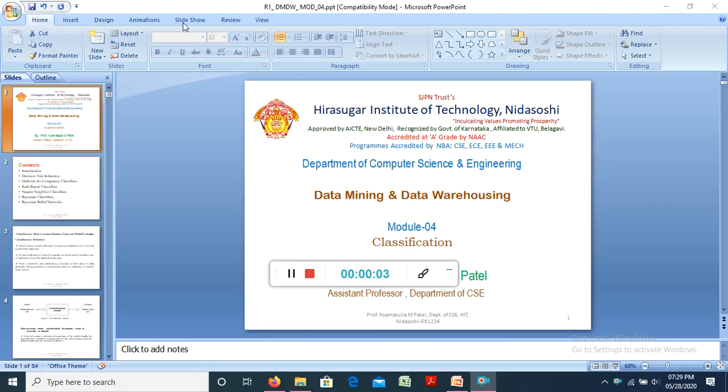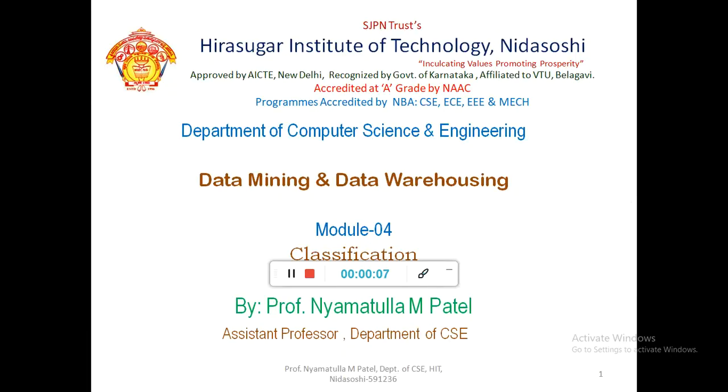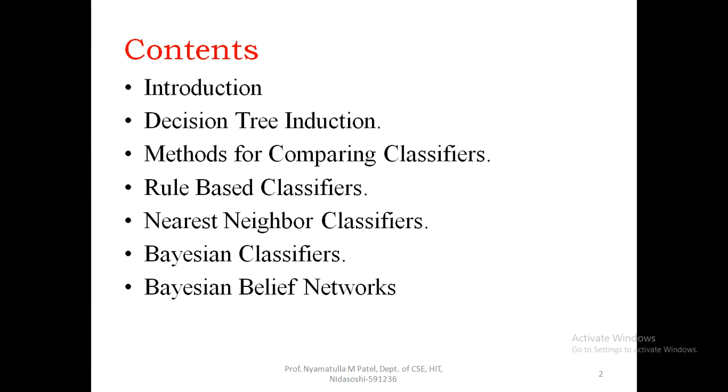Hi students. Today we are going to study module 4 of data mining and data warehousing, that is classification. In this module we are going to discuss the content of module 4.